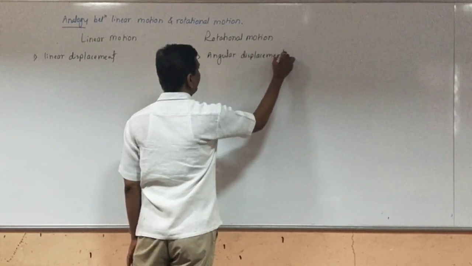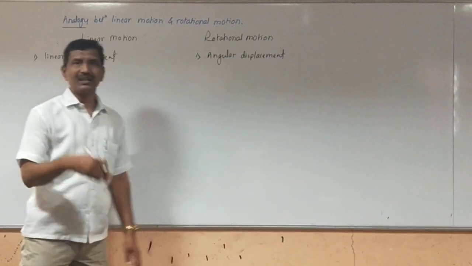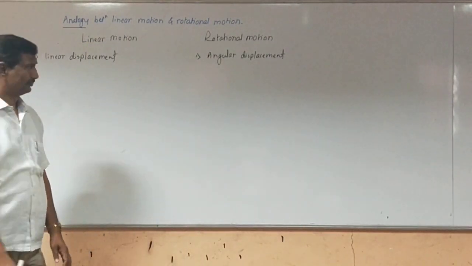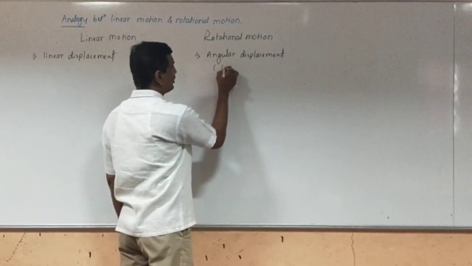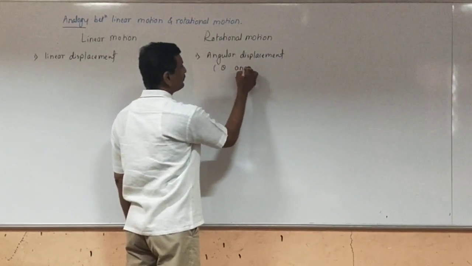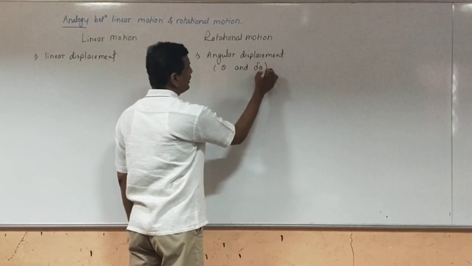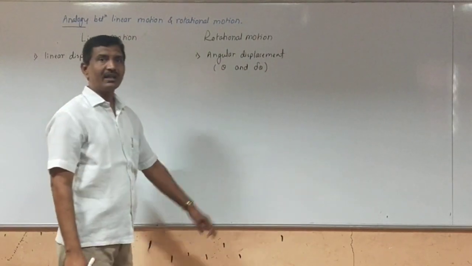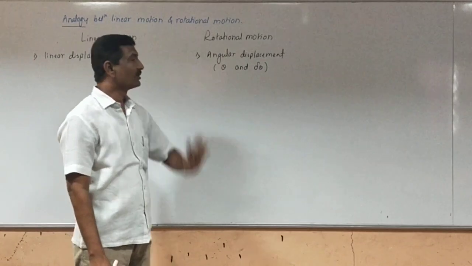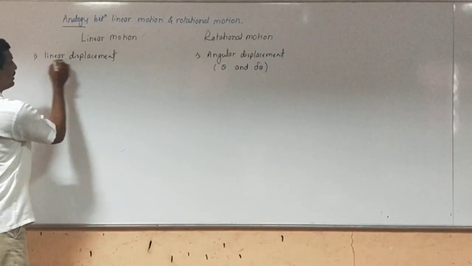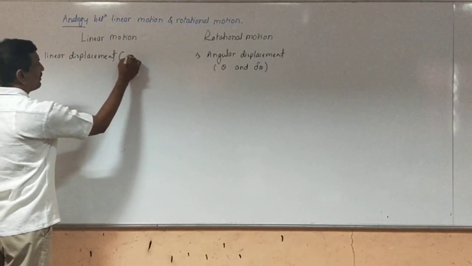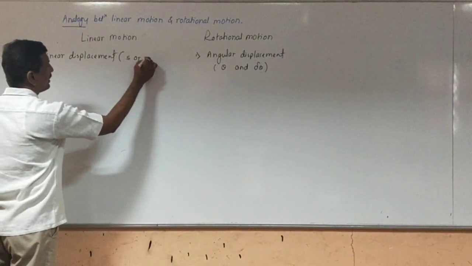So now you are well familiar with the angular displacement, finite angular displacement and infinitesimal angular displacement, means theta and delta theta. Angle traced out by the radius vector in a given interval of time is called the angular displacement. Linear displacement is denoted by a letter either s or x.